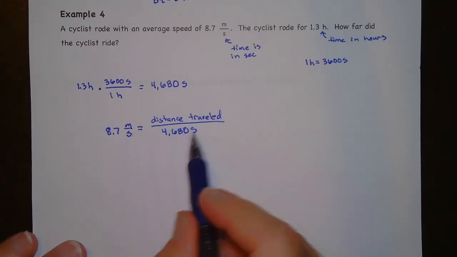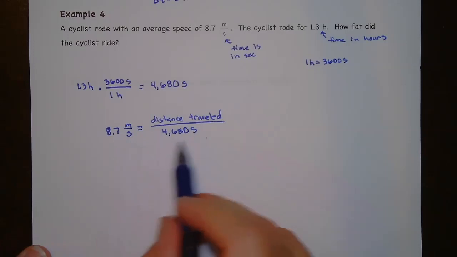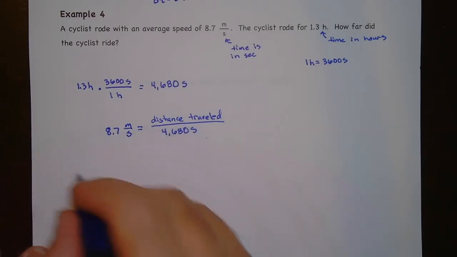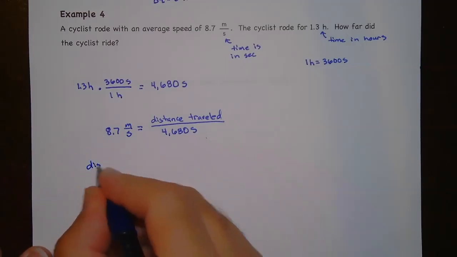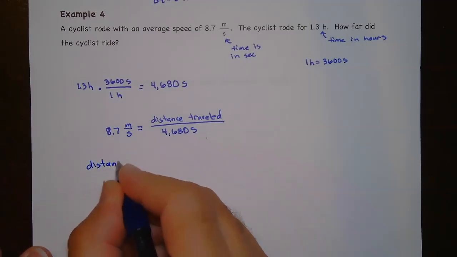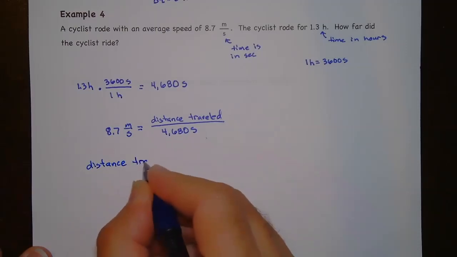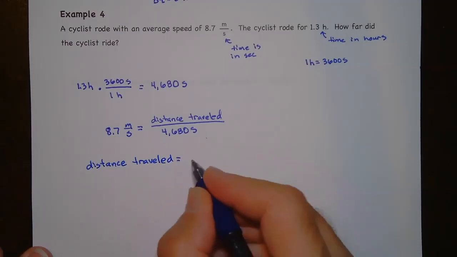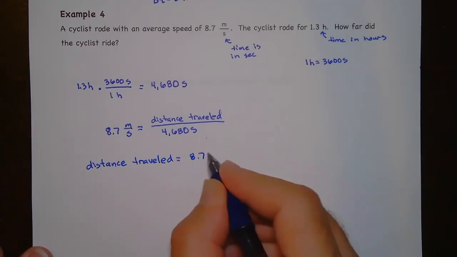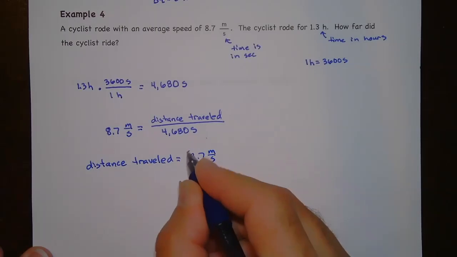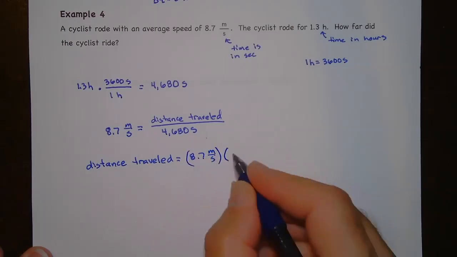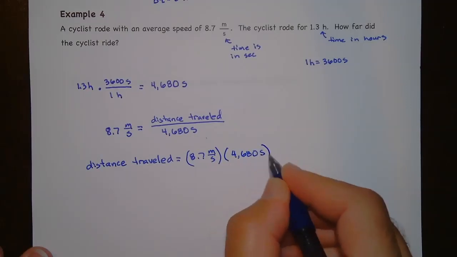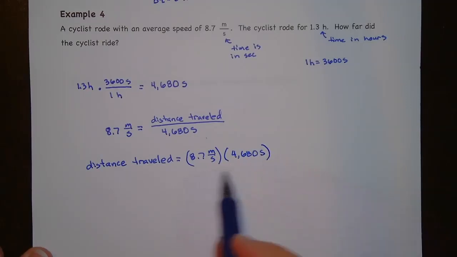So I'm going to multiply both of these by the 4,680 to cancel this out. So, and I'm going to put the distance traveled on the left-hand side. So distance traveled would be the 8.7 meters per second times 4,680 seconds. Okay. And then we're going to go to multiply these.